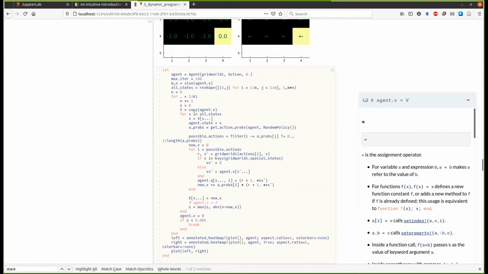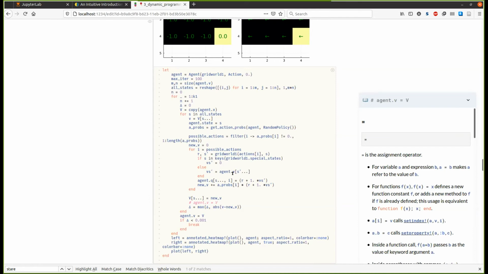The process itself is that we iterate over all states, and we update each state. We take the possible actions. Here I have a utility function which gets the probability for each action under the random policy, and we take this for each possible action.